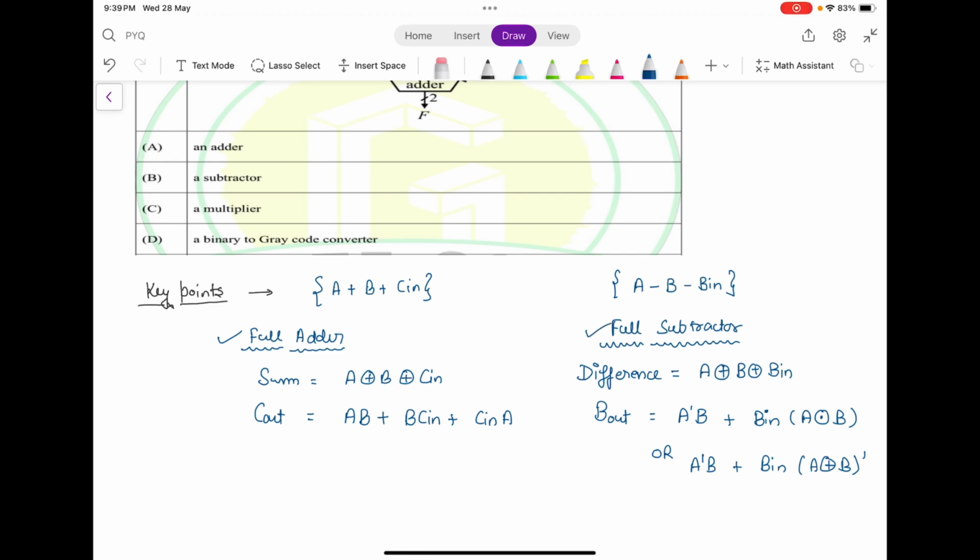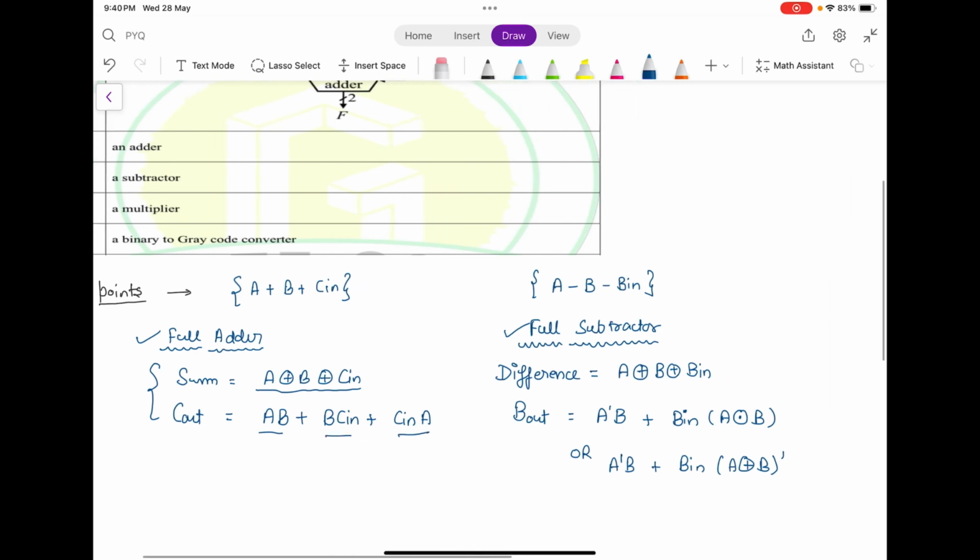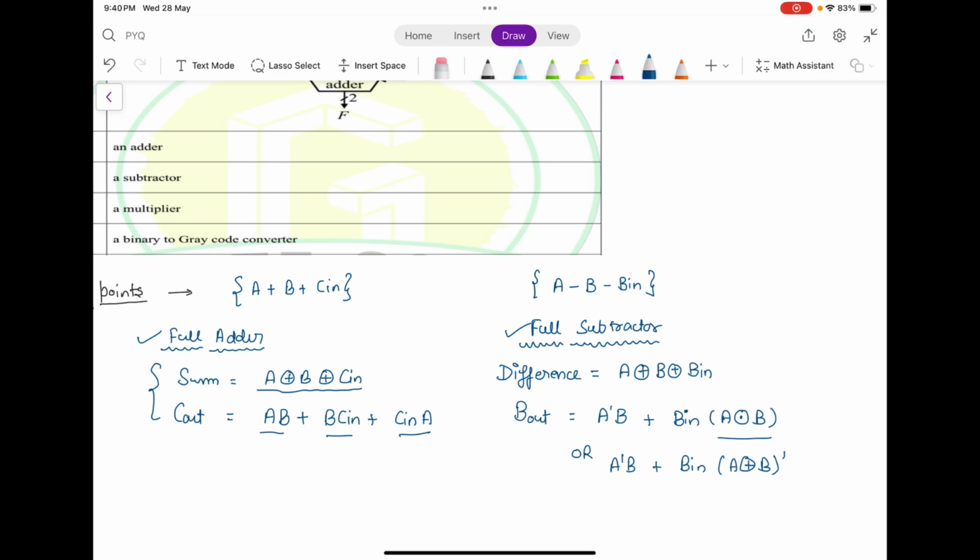For full adder, your sum and carry out expressions are A XOR B XOR C in, where C in is the input carry, and carry out expression is AB or BC or C in A. For full subtractor, difference is A XOR B XOR B in, where B in is the input borrow, and B out is A bar B plus B in A XNOR with B. You can also write A XNOR with B as A XOR with B whole complement.